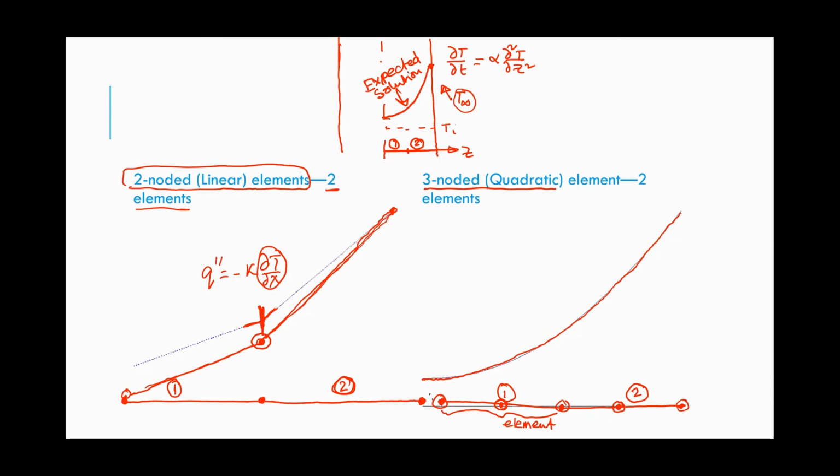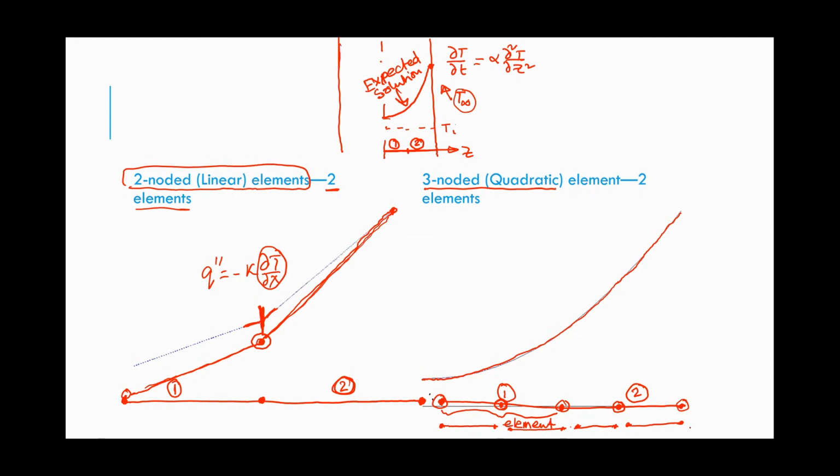Another way to increase the accuracy would be to have more elements instead of higher order. These are still 2-noded elements, just more of them. So that's another way to increase accuracy, instead of going to 3-noded quadratic elements.